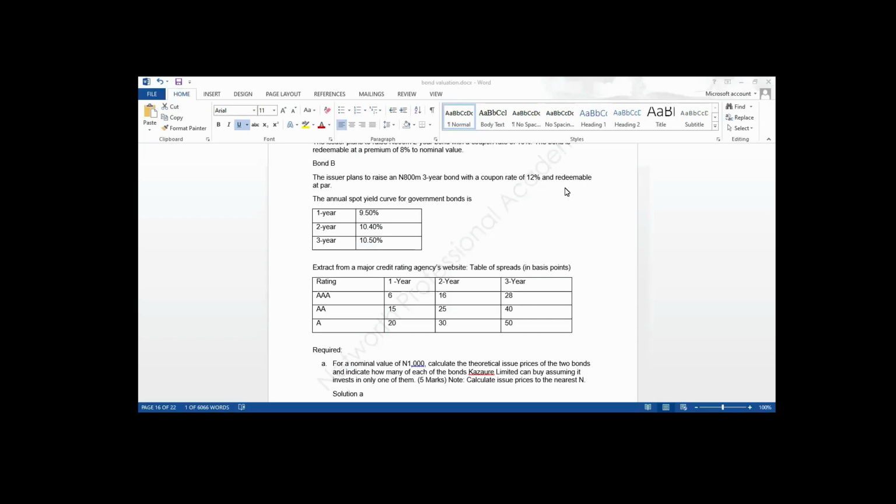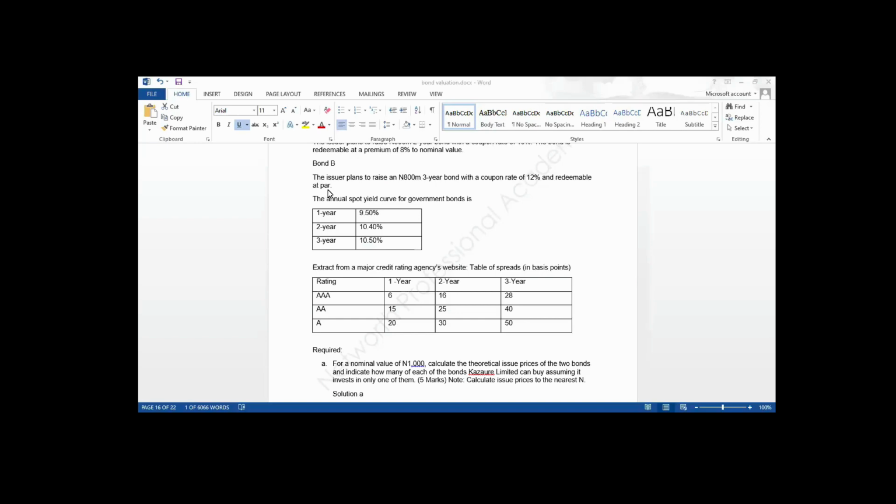At par. Can we all see it, please? Yes, sir. Redeemable at par. Now, please list out the expected future cash flows from bond B.